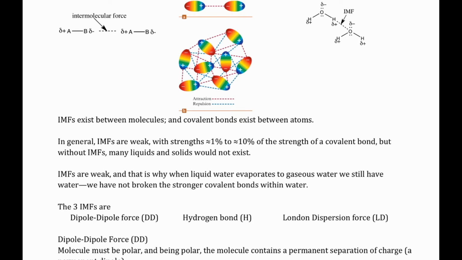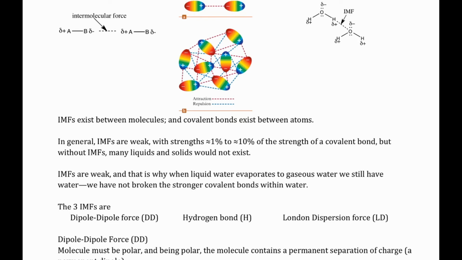Often IMFs are shown as dotted lines. So in the middle diagram with the color, we see the red showing the more partially negative end of the molecule, the blue, the more partially positive end, and of course the opposites attract. So we see a bunch of these attractions given by the red dashed lines.